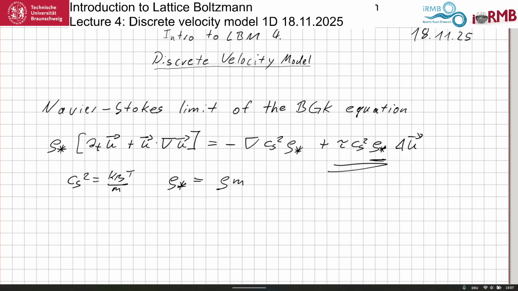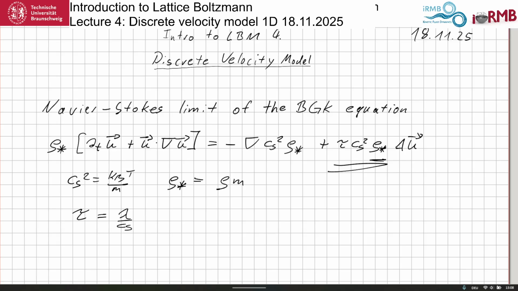So this we identified with the viscosity, and we know that this tau, the mean free time, can also be written as the mean free path divided by the speed of sound, right?